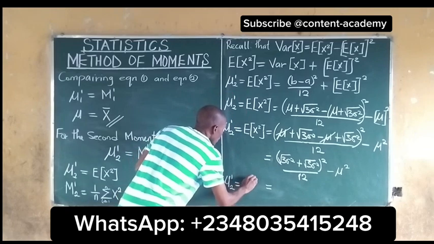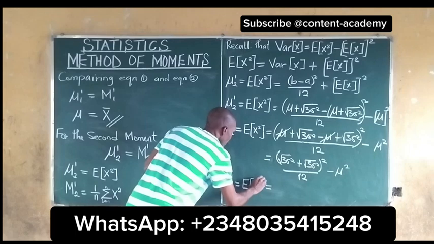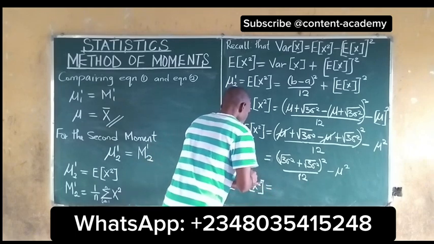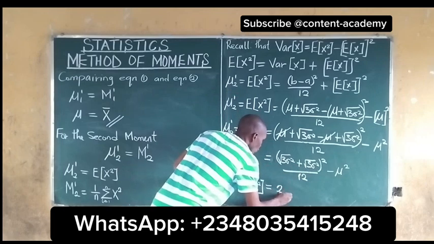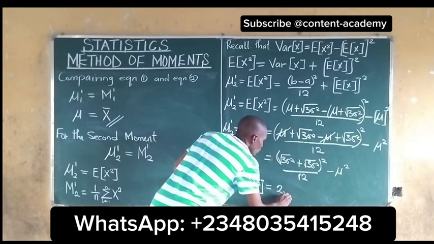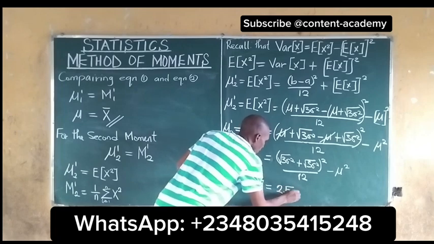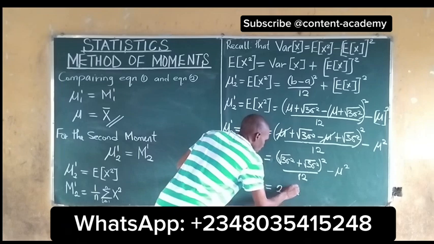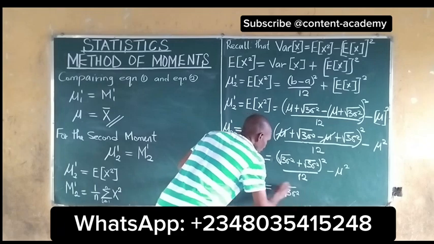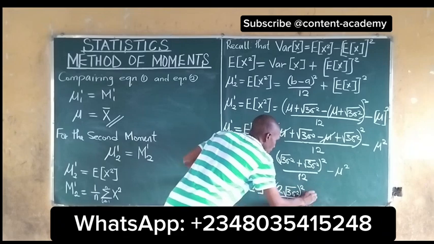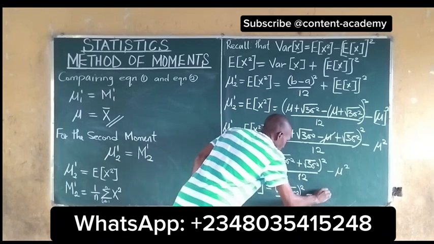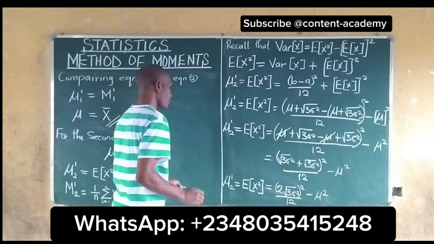which is the same thing as, that means our mu, which is equal to the expected value of x squared, is equal to this plus this, we get 2 square root 3 sigma squared all squared all over 12 minus mu squared. So this is what we get.